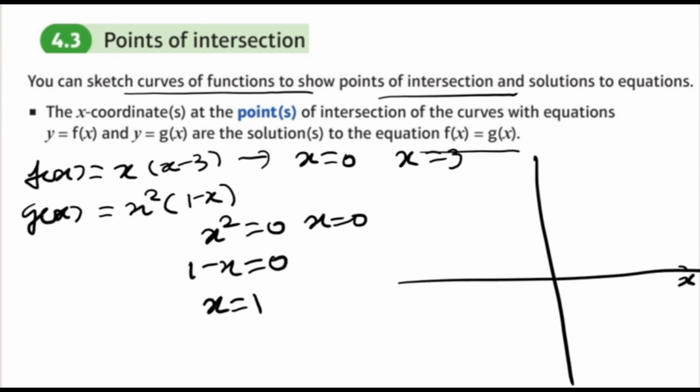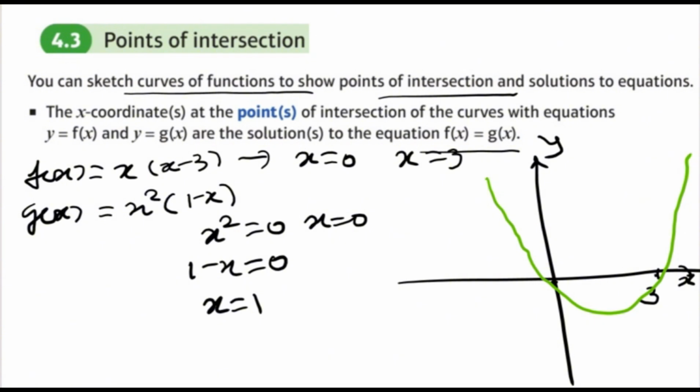This is my x-axis, this is my y-axis. For the quadratic graph, I have two points, 0 and 3. So my graph will look like this because it's a positive x squared graph.